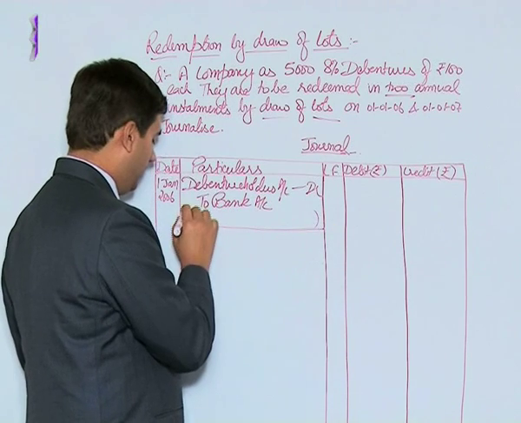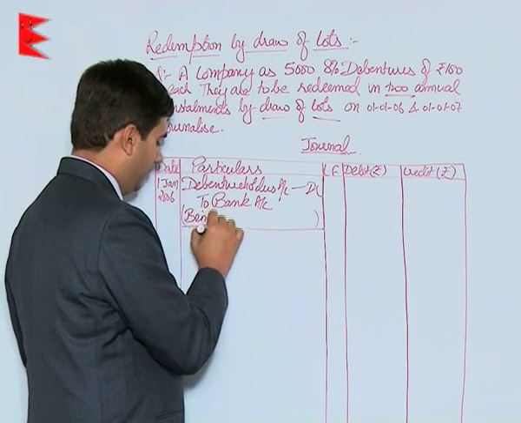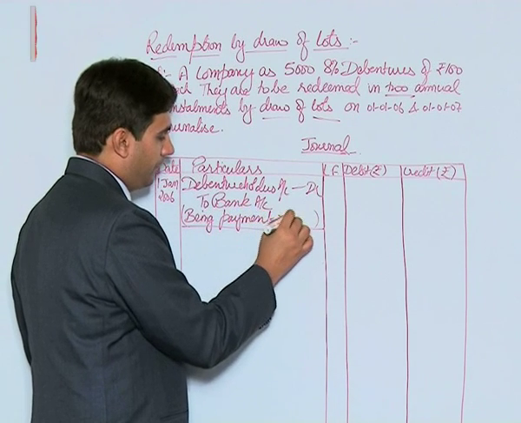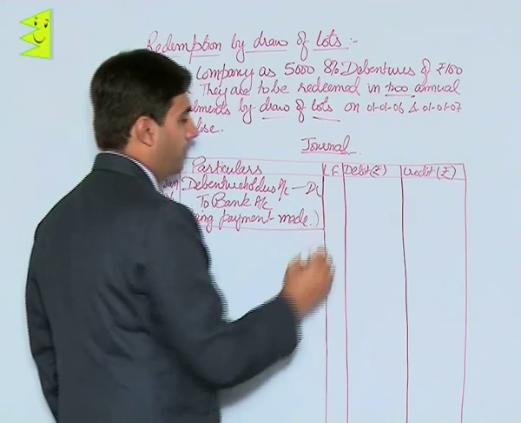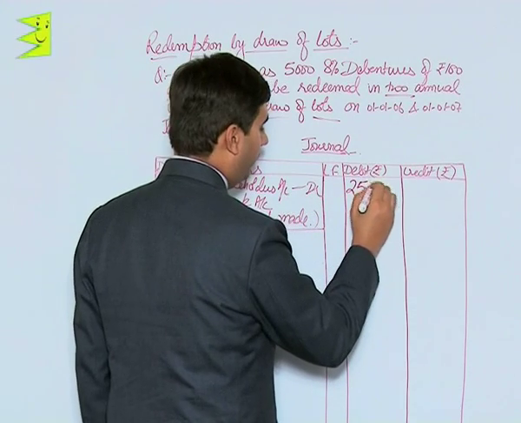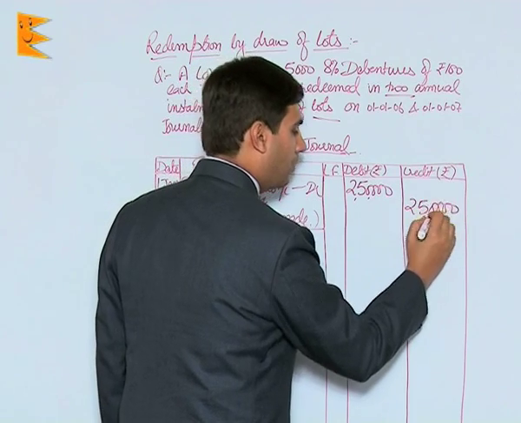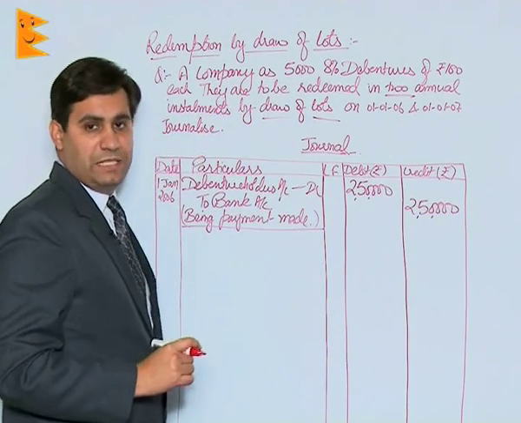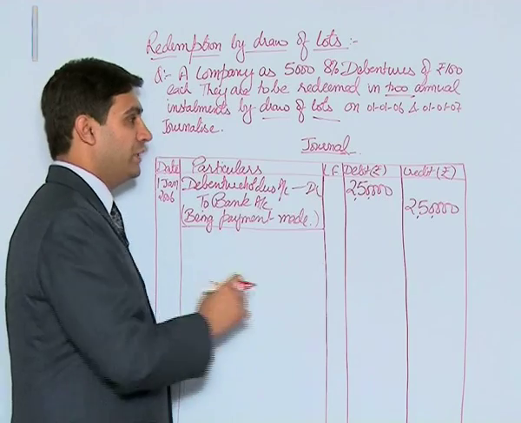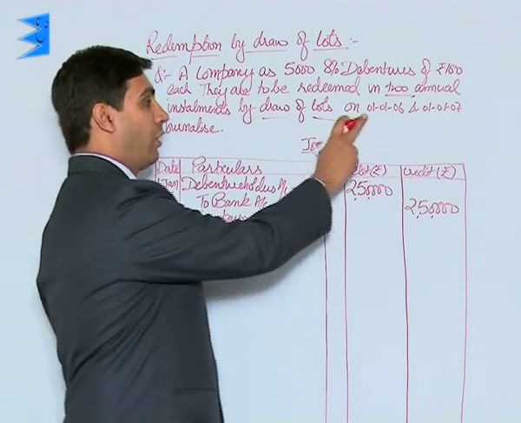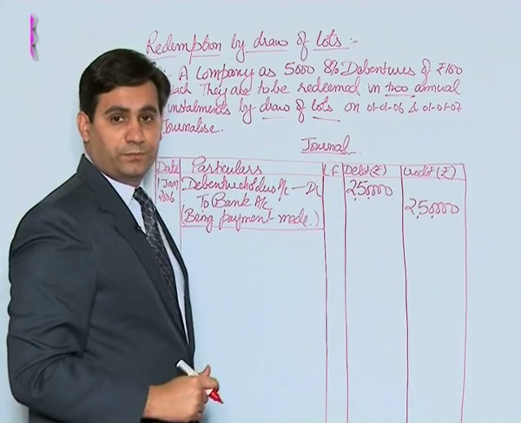Narration would be being payment made, and the amount would be 2,50,000. That is the amount due on account of 2,500 debentures. Now students, this completes our target for redemption on 1st January 2006.